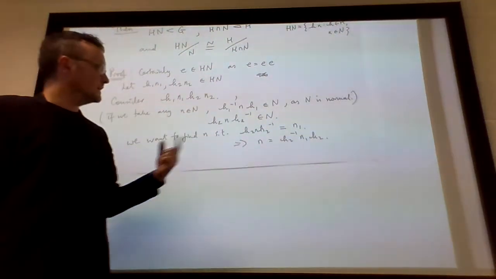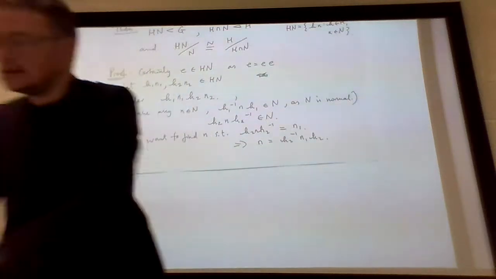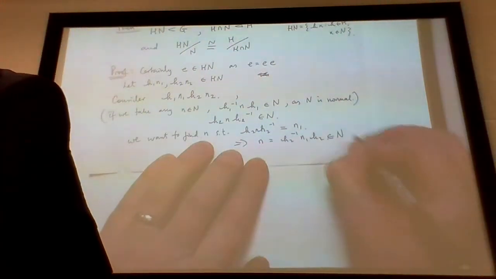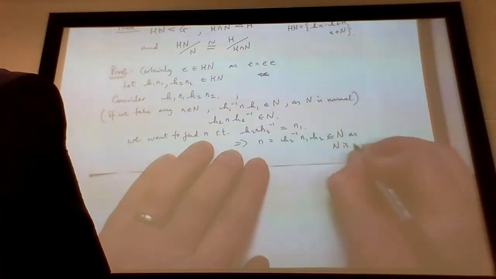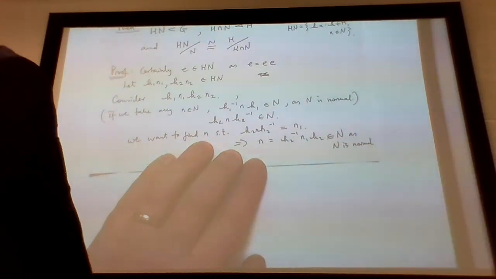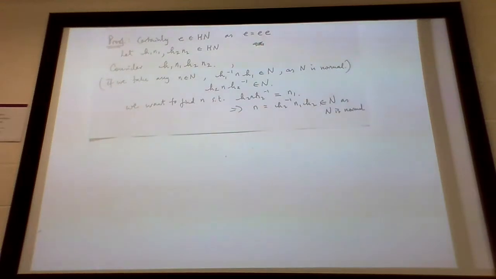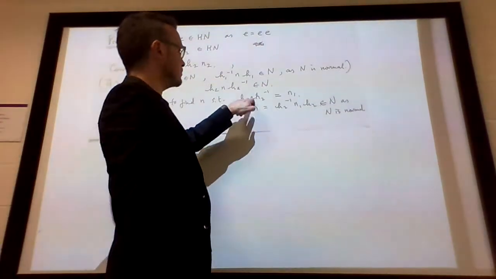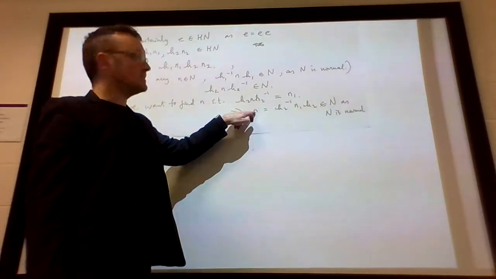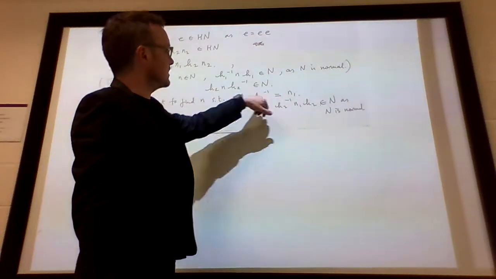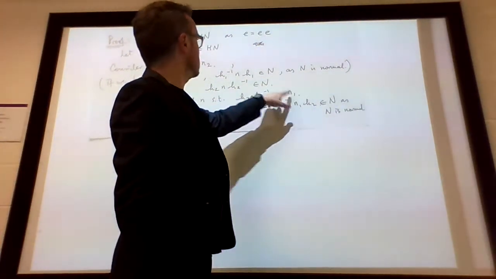Okay. Is that an n in N? Yeah. This is an element of N as N is normal. Okay. So there is an n that works. There is something in the subgroup N such that when I conjugate it by h2 like this, I get this element n1.